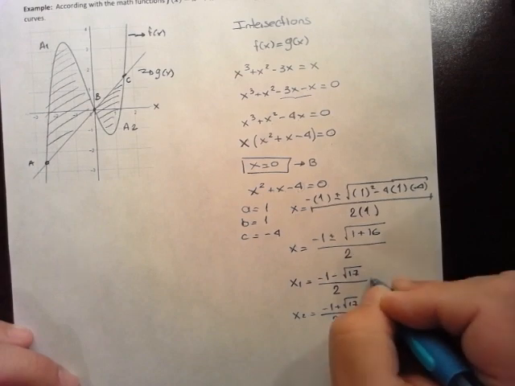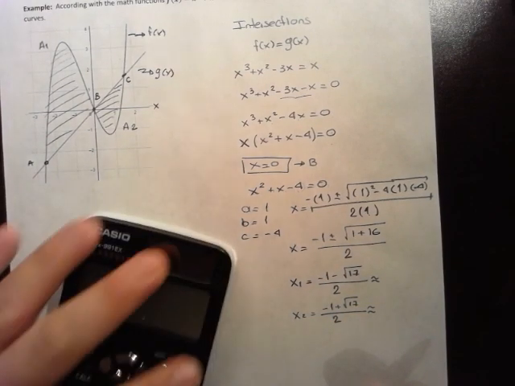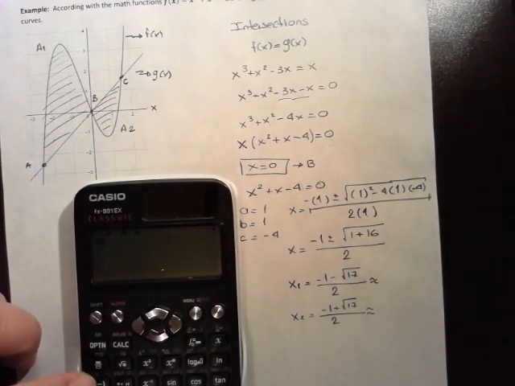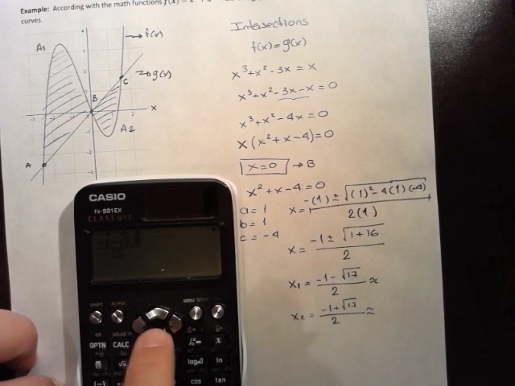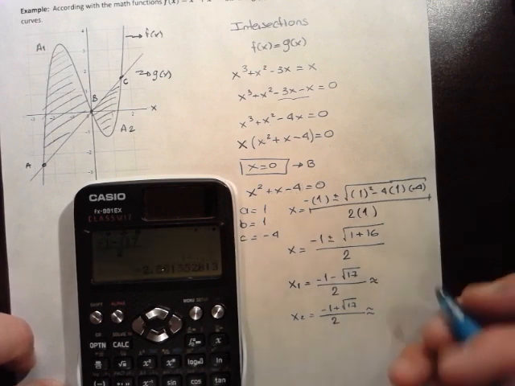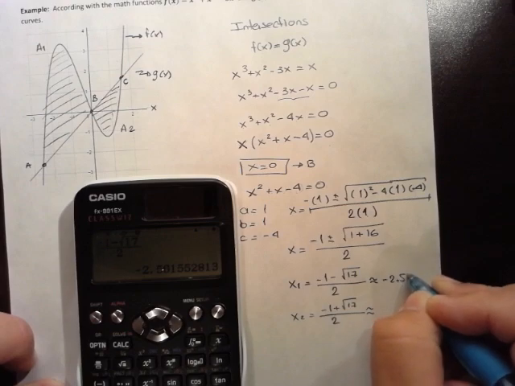Those are approximately, let's take the calculator. It's going to be minus 1 minus the square root of 17, all over 2, and this is going to be approximately minus 2.5615.